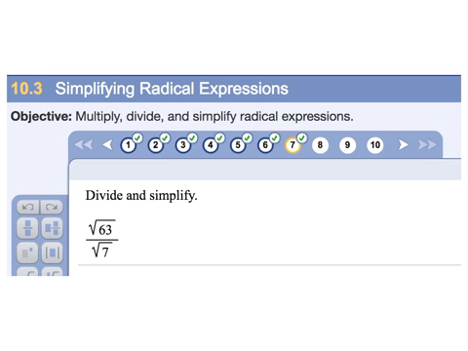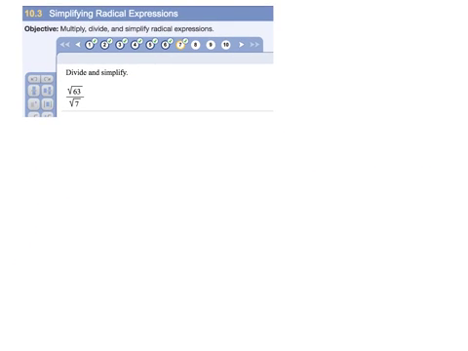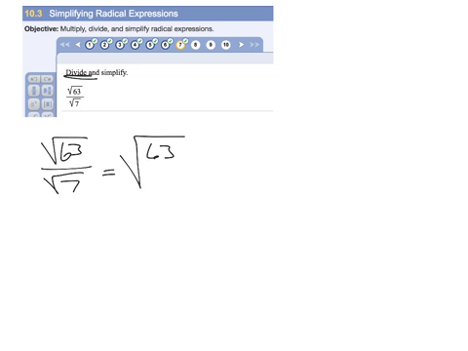All right, so here, divide and simplify. In this case, they're actually giving us a hint to divide first. So when you have root 63 over root 7, that means we can combine them together to get root of 63 over 7. And 63 over 7 is equal to 9.